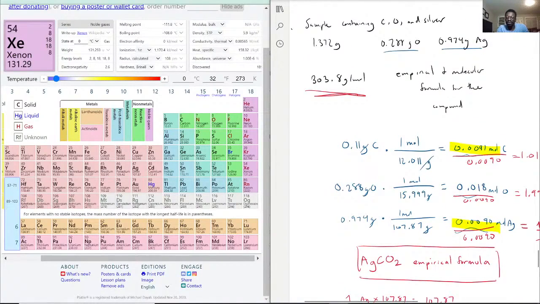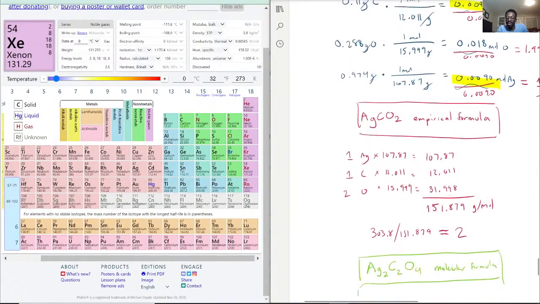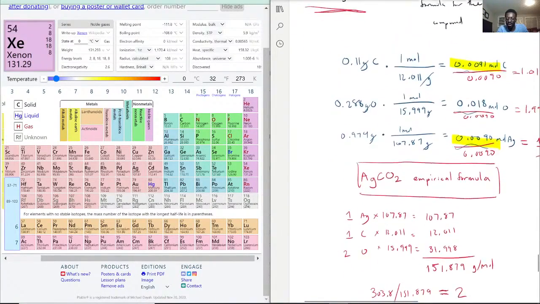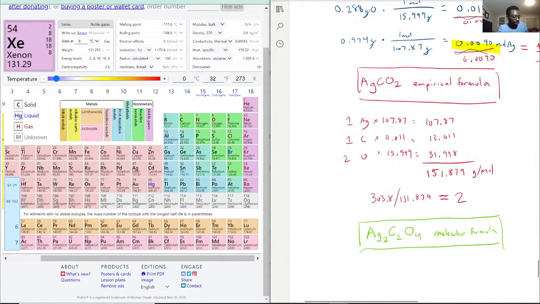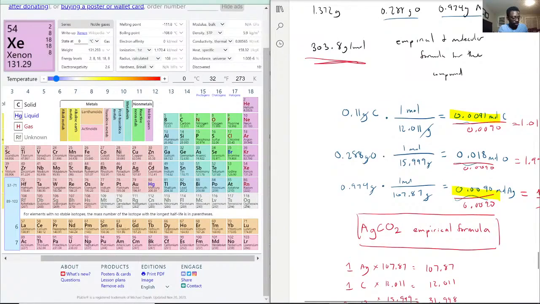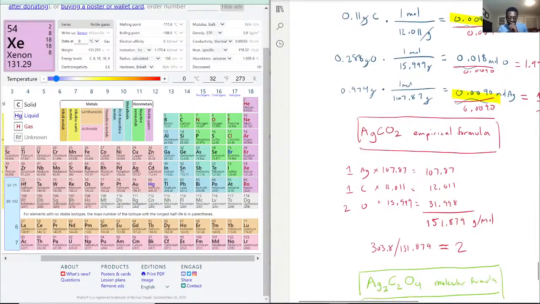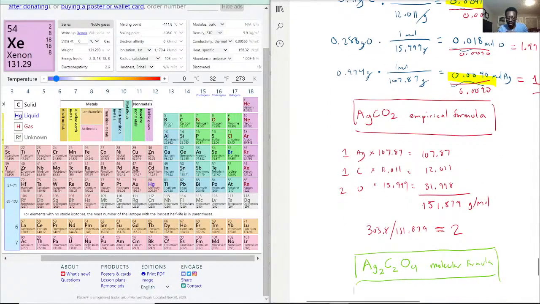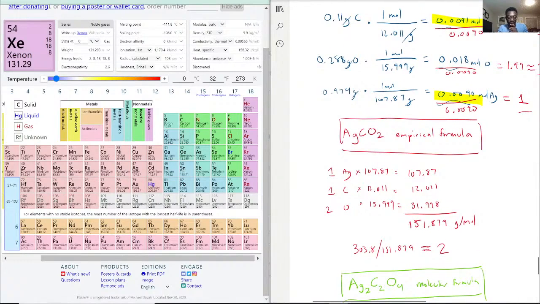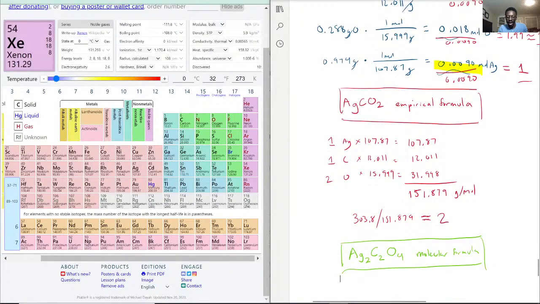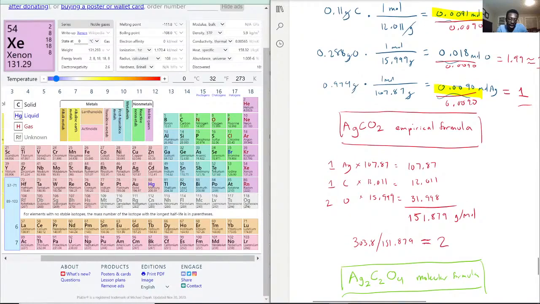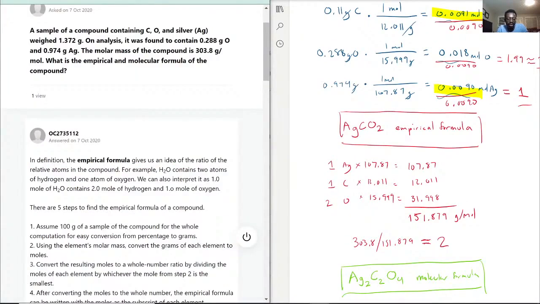We only had 1.372 grams of it. 1.372 divided by 303.8 is about 0.0045 moles of this molecule. And remember that for every one of these molecules there are 2 silvers, which is how we get back to the 0.009 moles. So the math checks out for this.